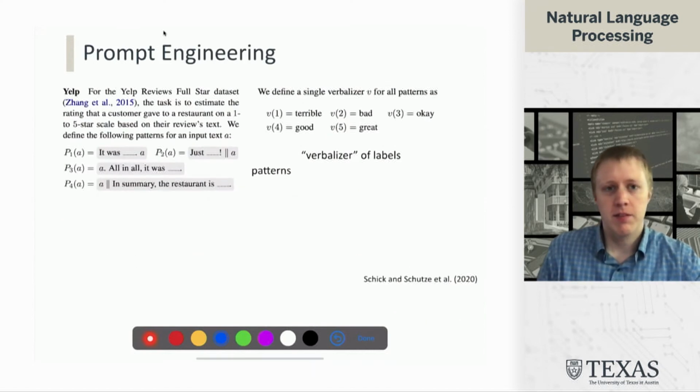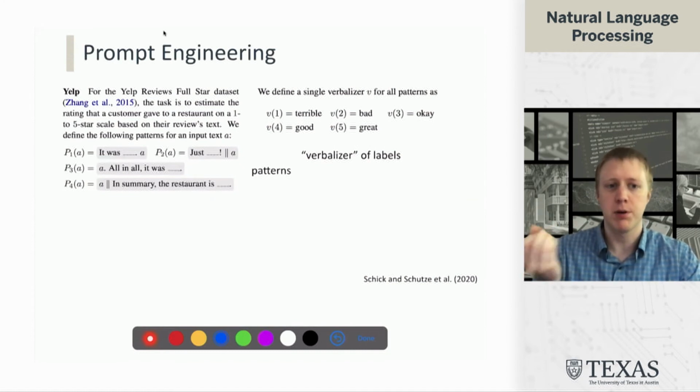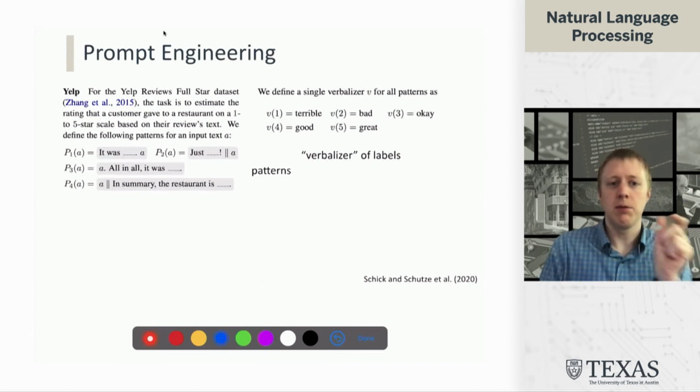The prompt here is also something that's important, and there's been a lot of work since the GPT-3 paper came out on the topic of prompt engineering. This is some work due to Timo Schick and Hinrich Schütze, which looks at having different prompts associated with Yelp reviews.